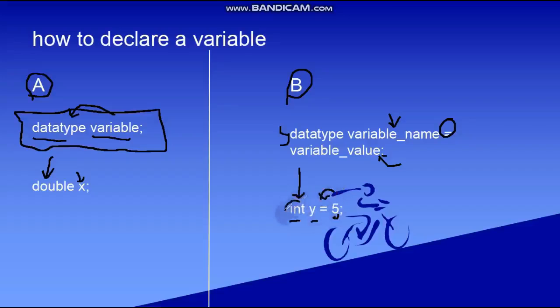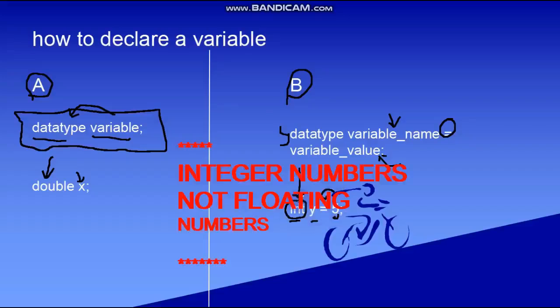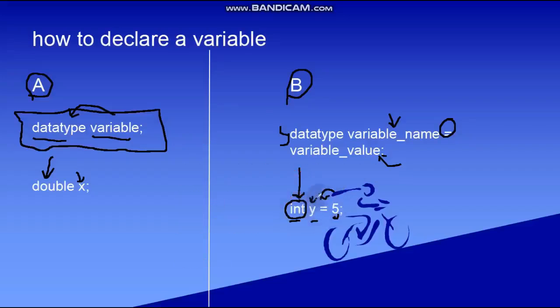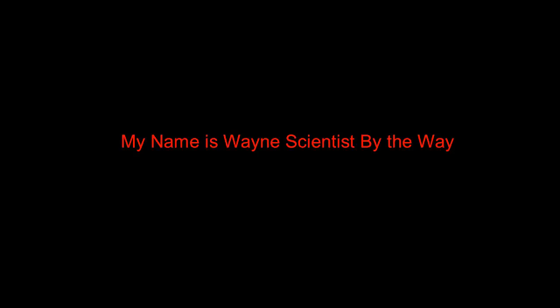Remember, int is a data type that deals with whole numbers. Then y is a variable name of type int and its value is 5. Again, now let's see a live demo in Dev C++.